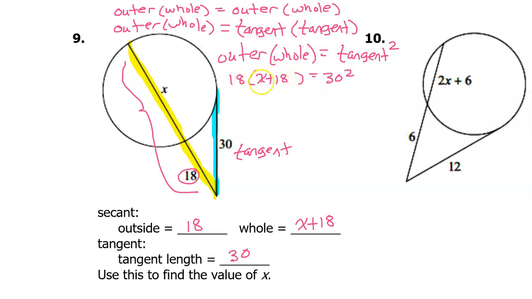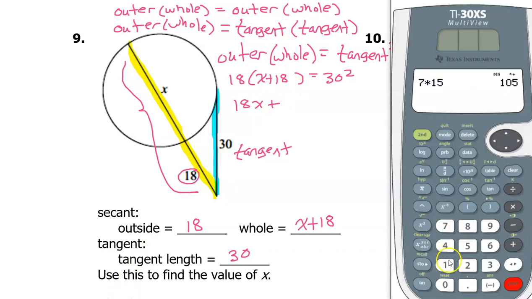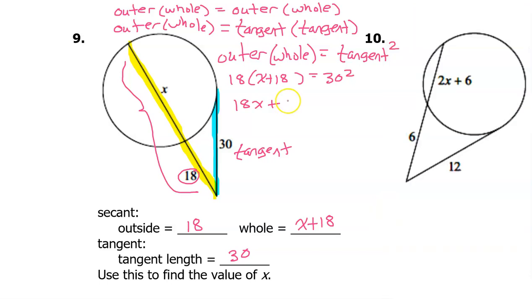A little distributive property here. I'm going to have 18x plus, I'm forgetting what 18 times 18 is. 324. So that's equal to 324. Now, 30 squared is 900. It's time to subtract 324 from both sides.